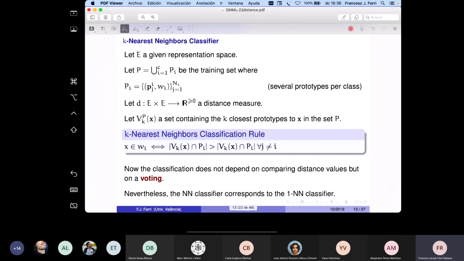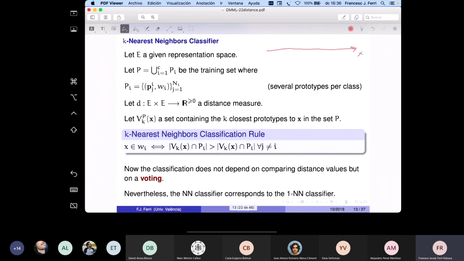For example, let's imagine the following problem. One dimension. And in this dimension, I have two classes.